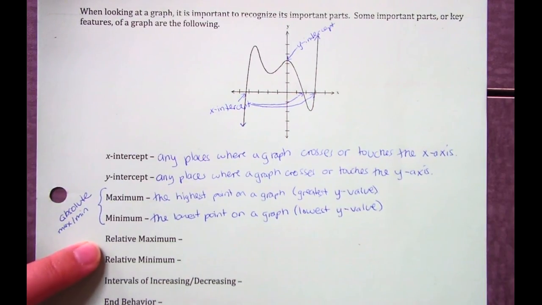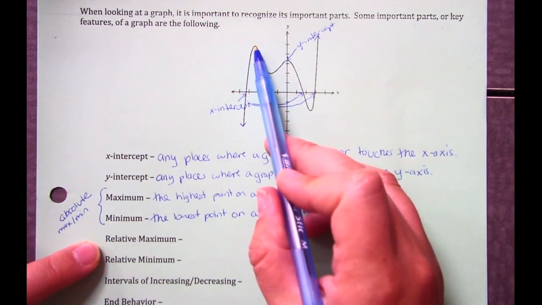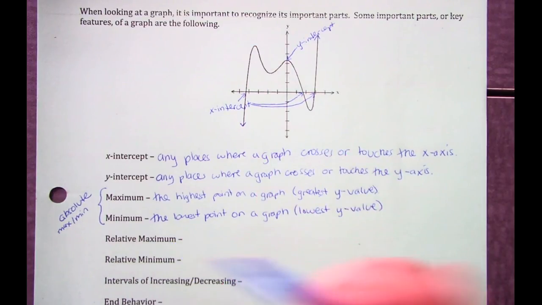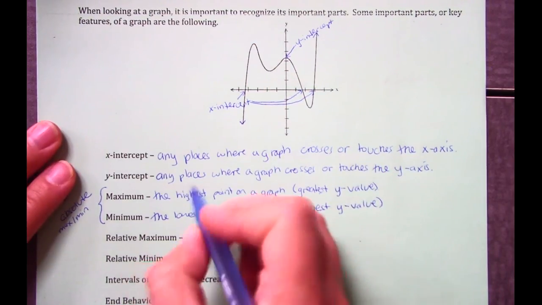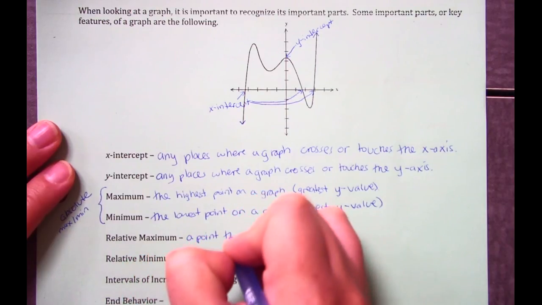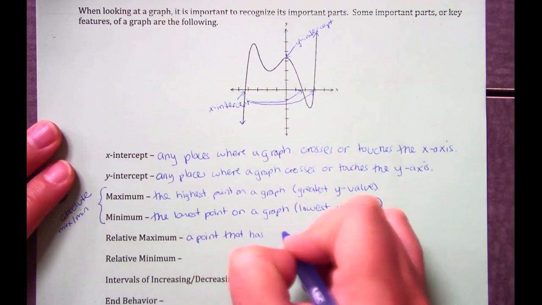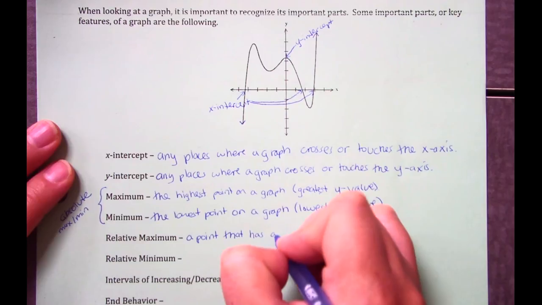Now, in addition to the absolute maximum and minimums, there's also something called a relative maximum and minimum. That's what these types of points are. So a relative maximum on a graph is a point that is higher than its surrounding points.